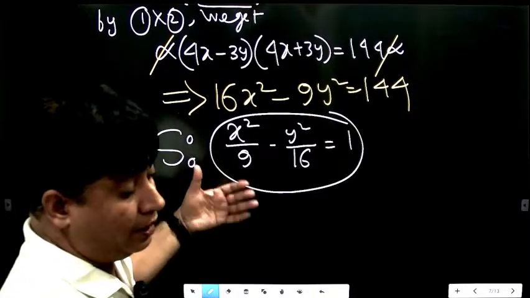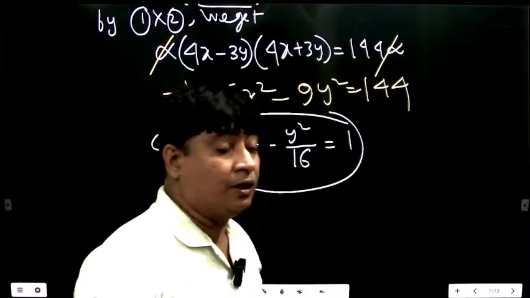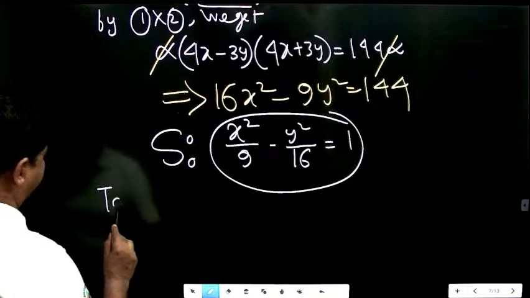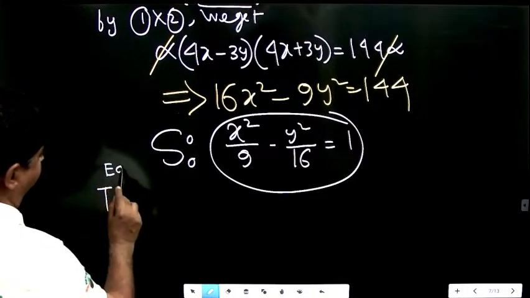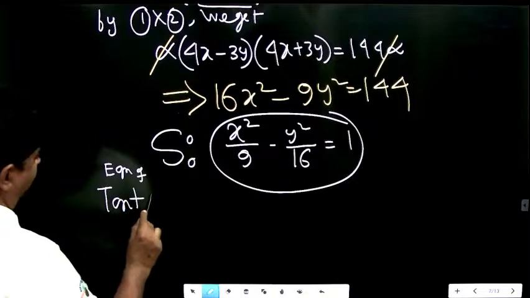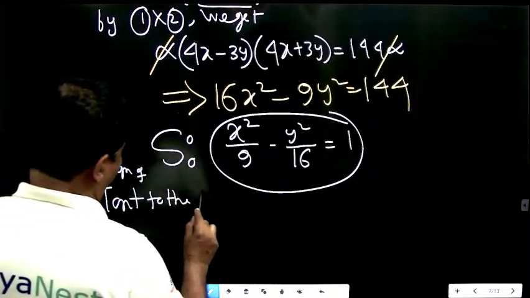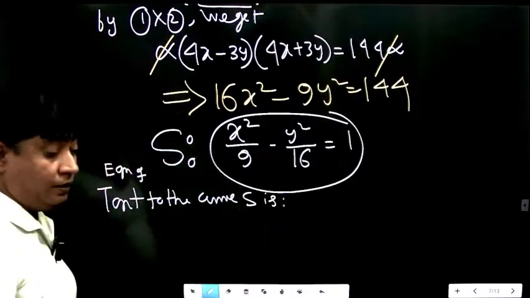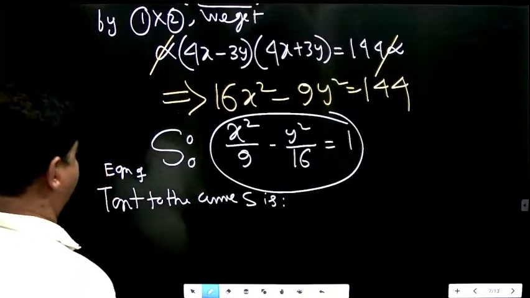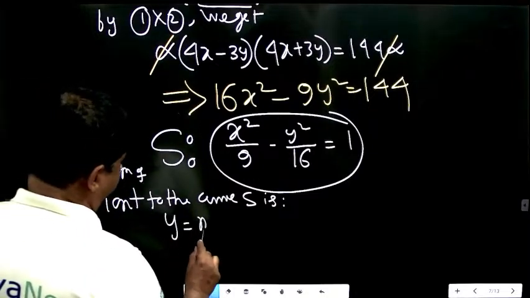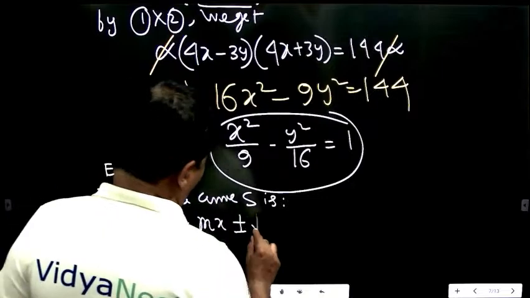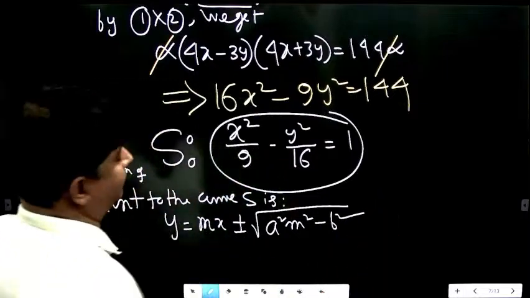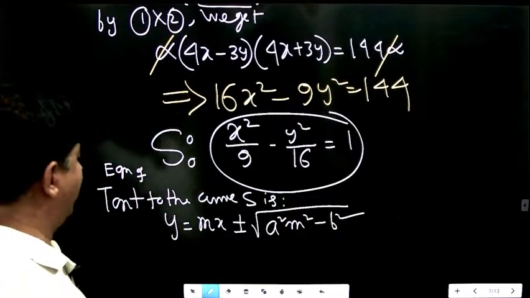Now, what is the equation of tangent to this hyperbola? Slope form, equation of tangent to the curve S is y is equal to mx plus minus root over of a square m square minus b square.